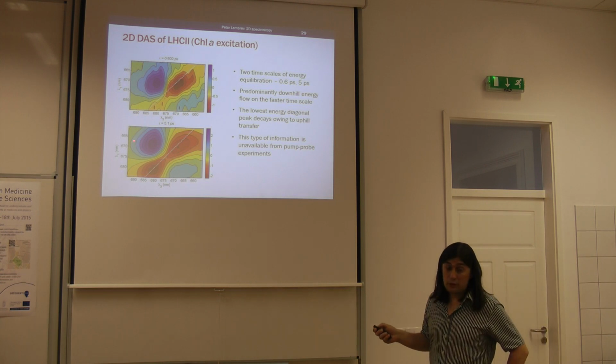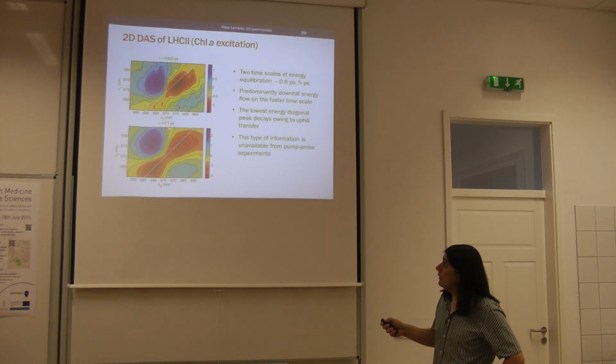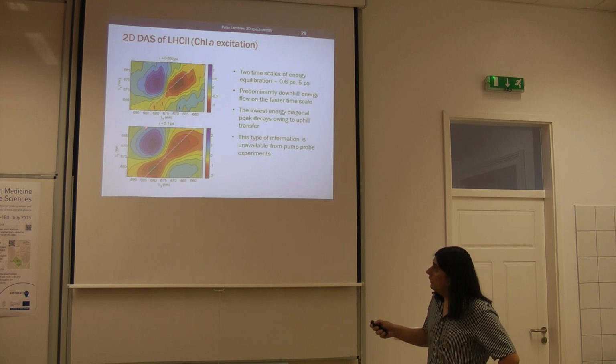So if we do the same global analysis, we can see the relative changes, as I told you, the energy transfer partners. So, for example, on this time scale, you can see this frequency transfers energy down. At the same time, the energy can go from the low energy states back to the high energy states.